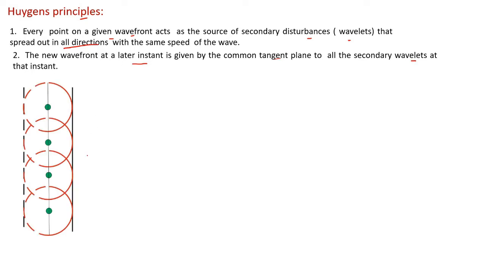Now, explanation. See, you are given this wavefront now. You can call it t equal to 0. Then every point in this wavefront, say points 1, 2, 3, 4, these 4 points are sample points.